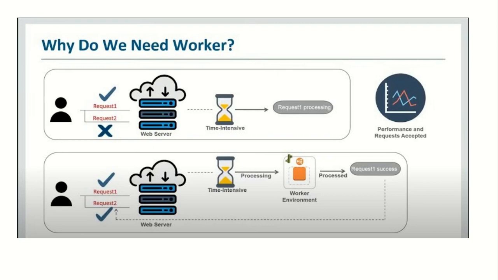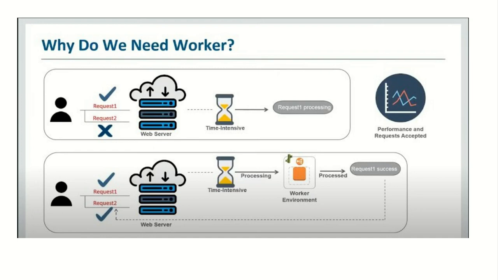Now let's try to understand why we need a worker with the help of this example. Okay, so I have a client. He has made a request to a web server, and the web server has accepted the request and started processing it.